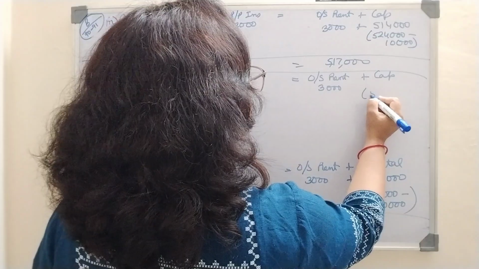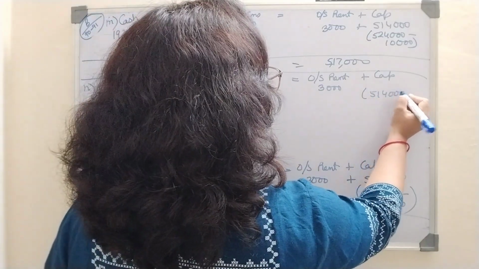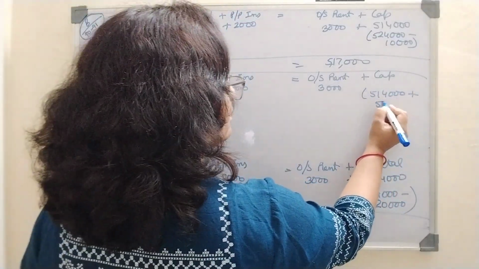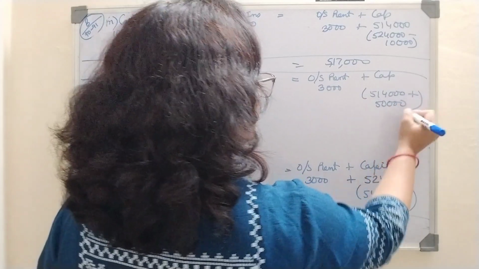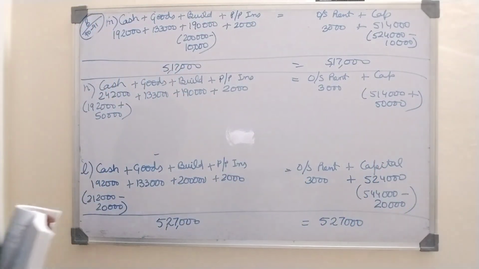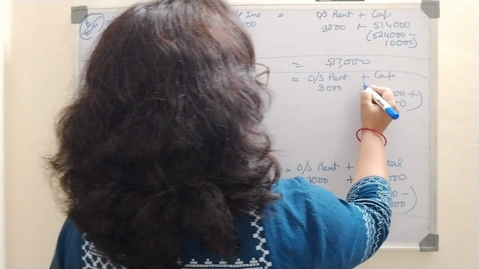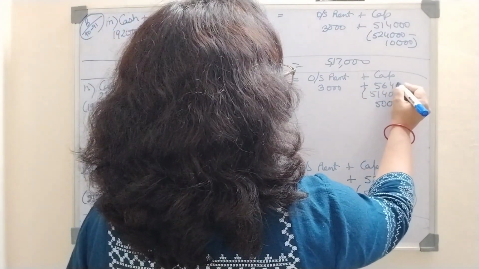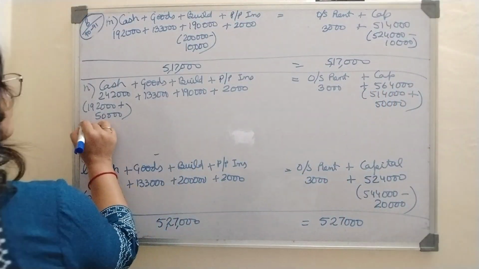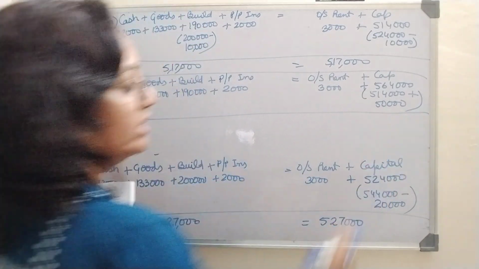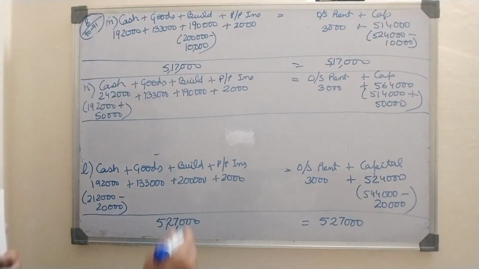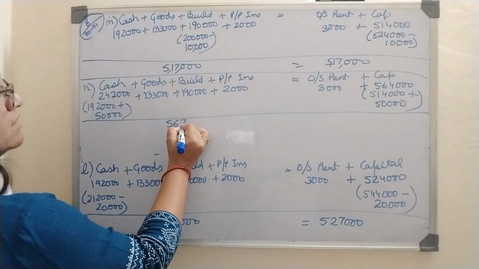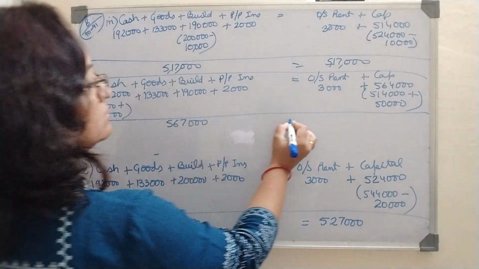Fresh capital, so 5,14,000 plus 50,000. So 50,000 is added to it. It makes it 5,64,000. Now we have to add again. So it comes to 5,67,000.